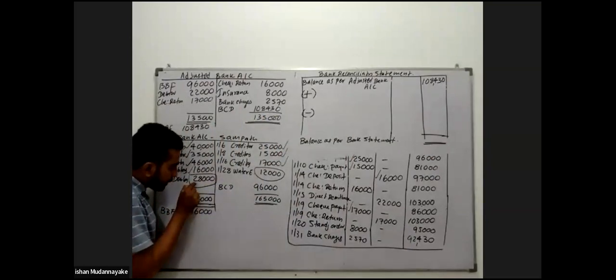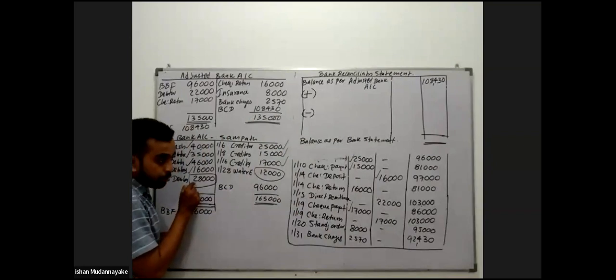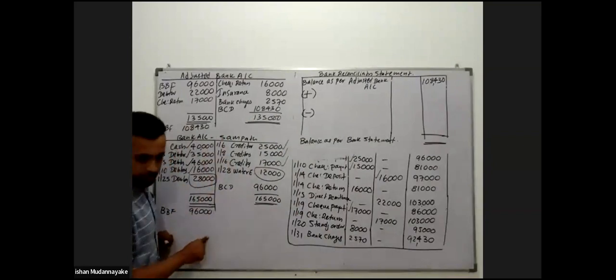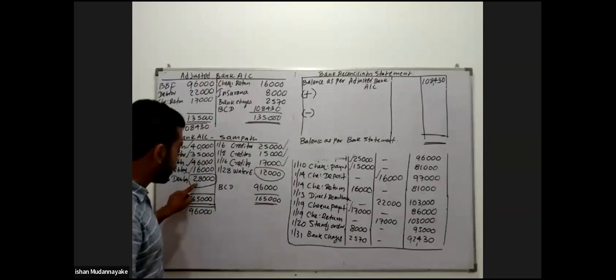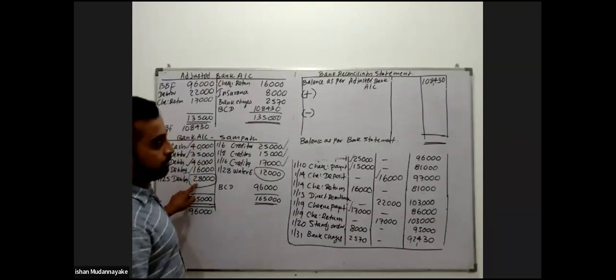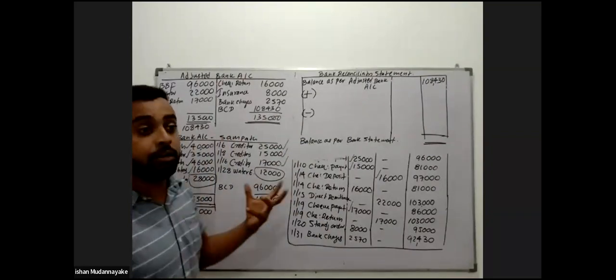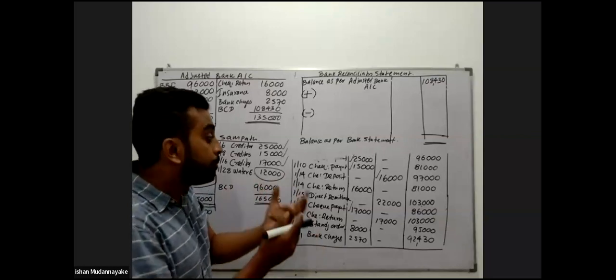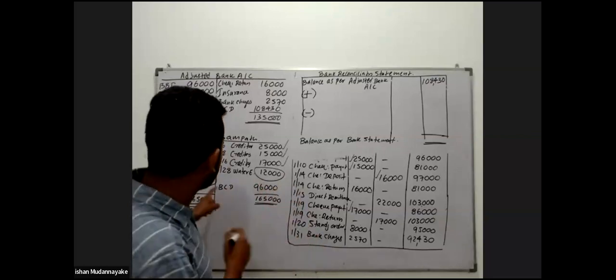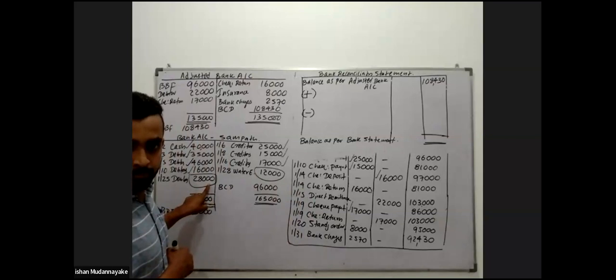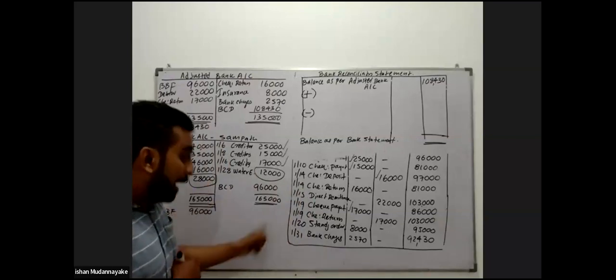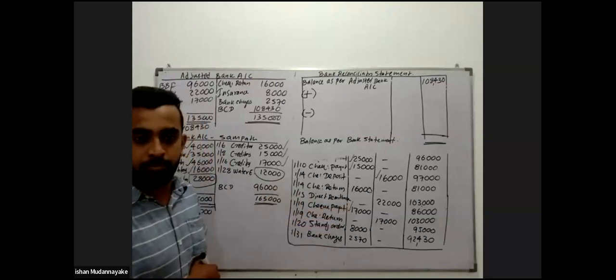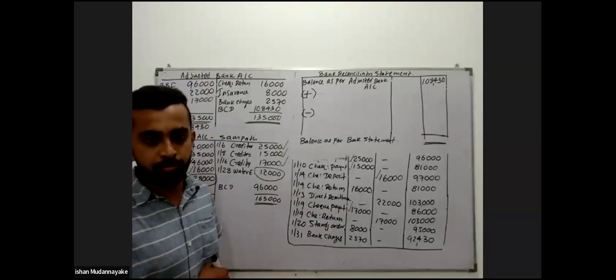You have deposited a 20,000 check in your bank account, but still this check is unrealized. The bank has not collected cash for this check. You have recorded it, but the bank has not recorded it.